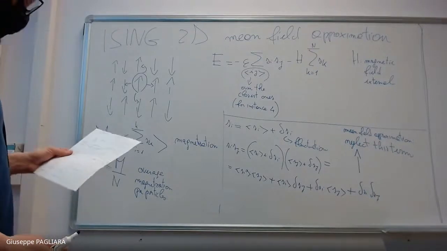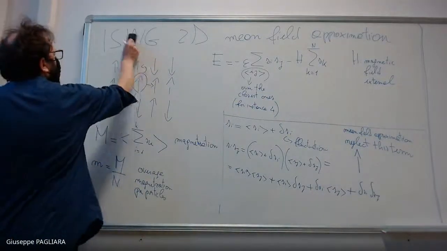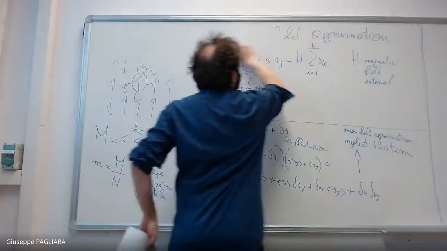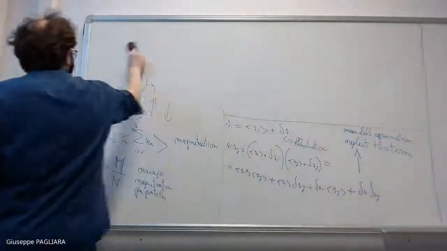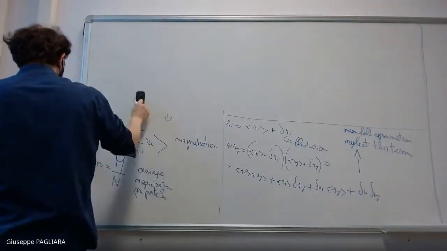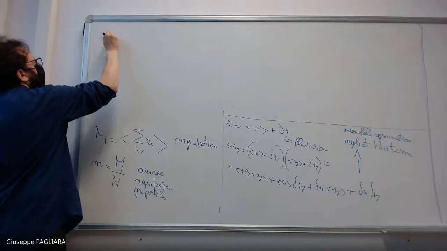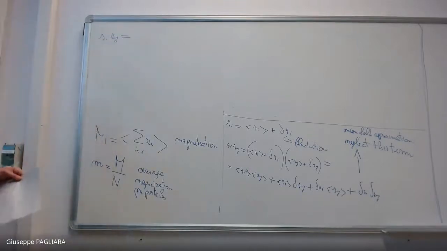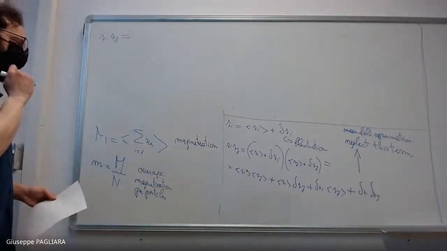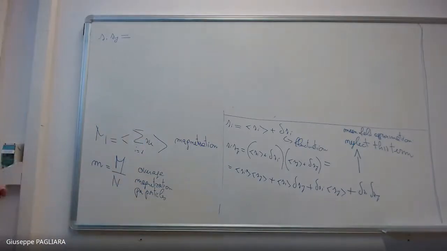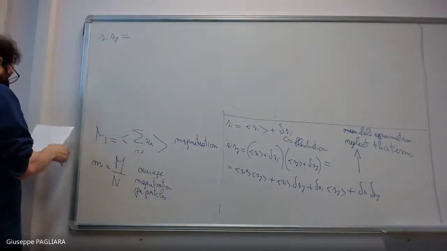In this fashion, we can write again the product SiSj as follows. So SiSj, which appears in the Hamiltonian, now is this expression here. And let me already make some notes at this level.